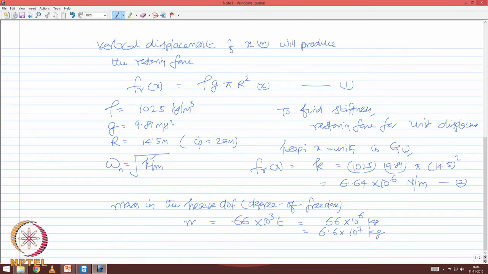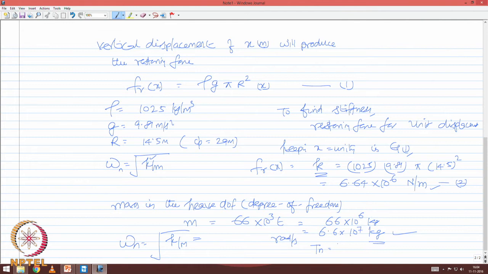So, now I have mass in kg, I have stiffness in Newton per meter. I can always find natural frequency in SI units, which is root of k by m, which is going to be so many radians per second. But I am interested in finding the period.